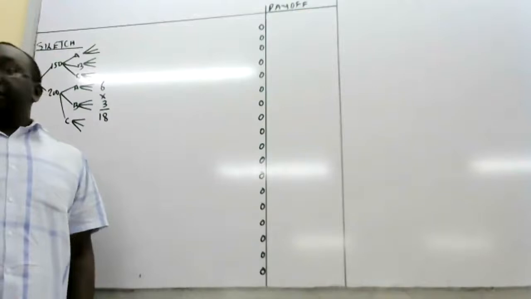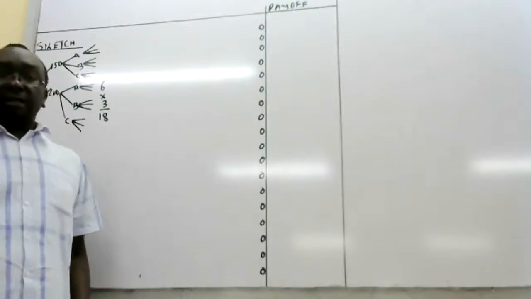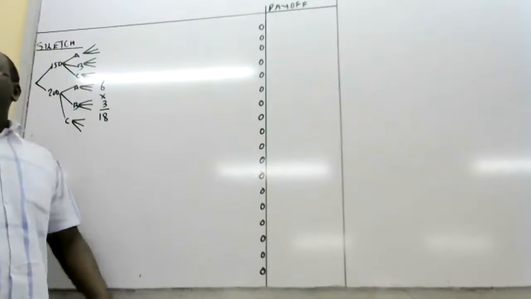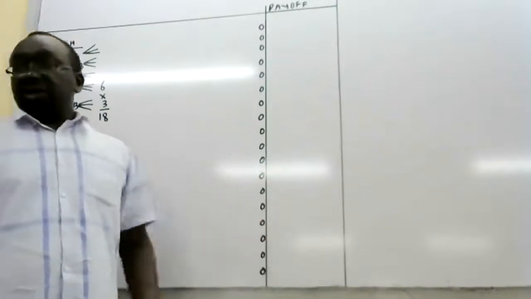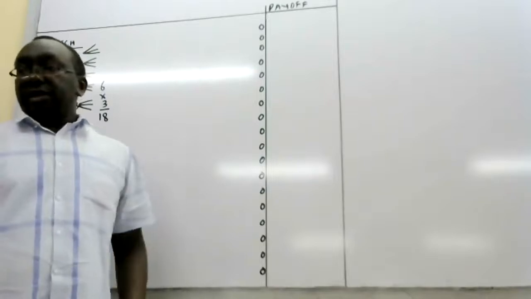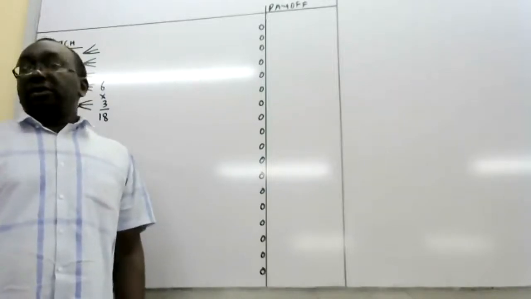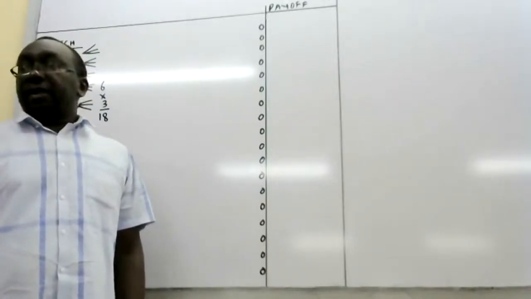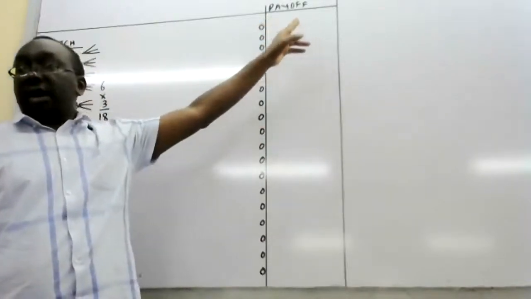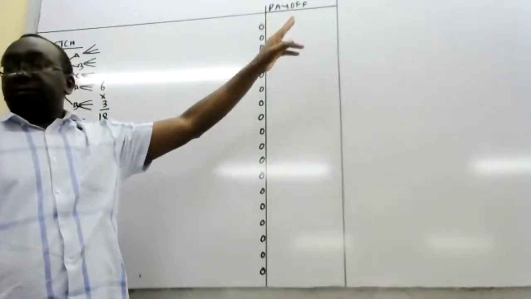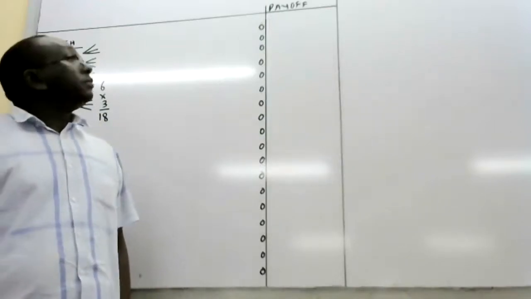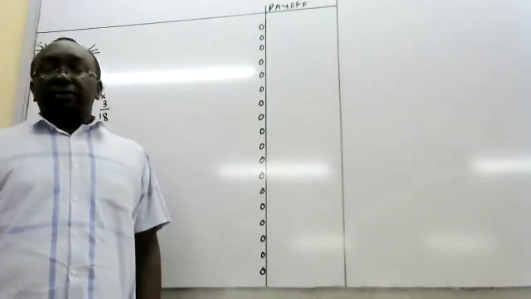Because some of you did not do QA, you are not very familiar with this. You go to the end of your page. You need a new page so that you are able to space them well. Now at the end, I write the word payoff, a column for the payoffs.